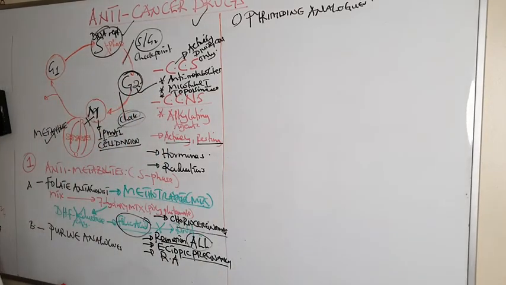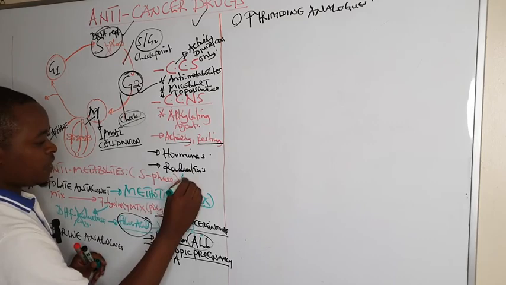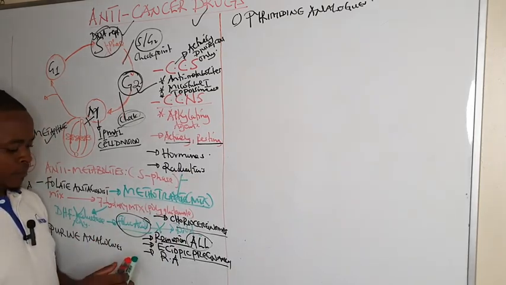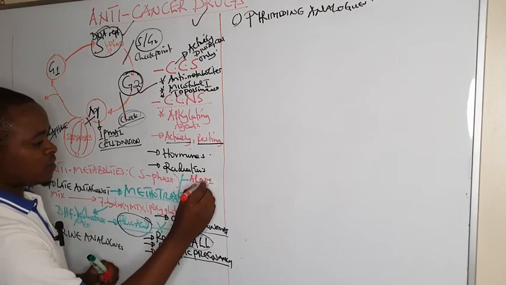The major side effect of methotrexate is alopecia, that is hair loss.